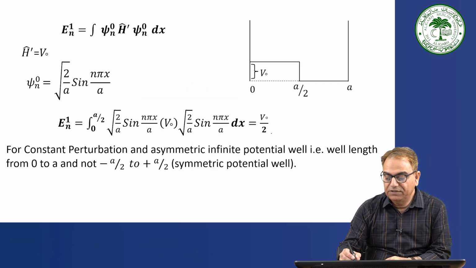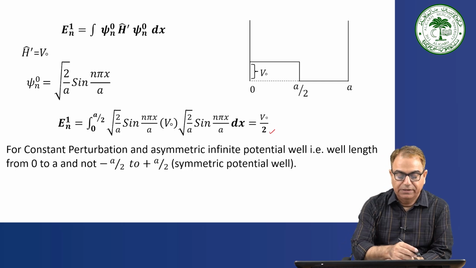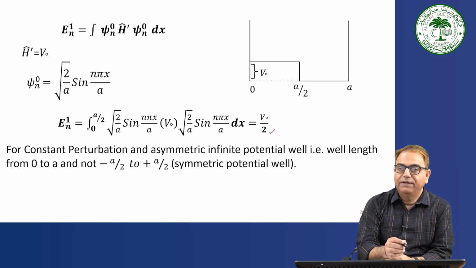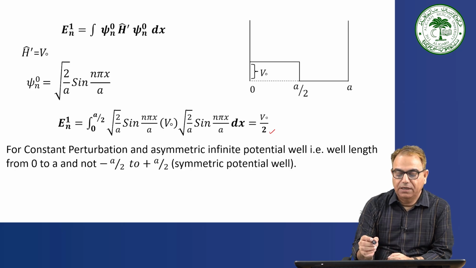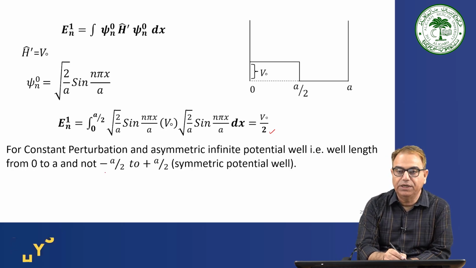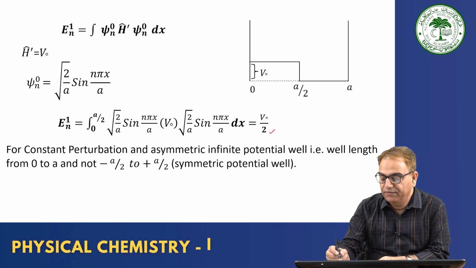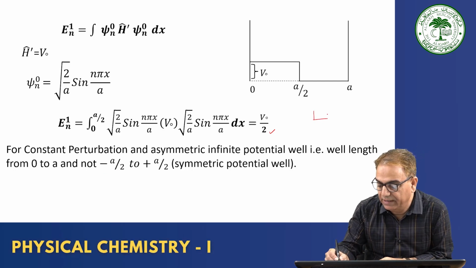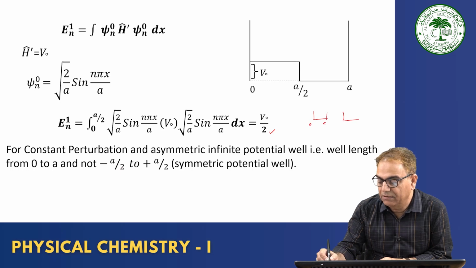Now once you have this V naught divided by 2, then for a constant perturbation we have a shortcut method of calculating the perturbation if it is applied to a symmetric potential well. Means if this is your well length 0 to a, or for the same length you can write minus a by 2 to plus a by 2.